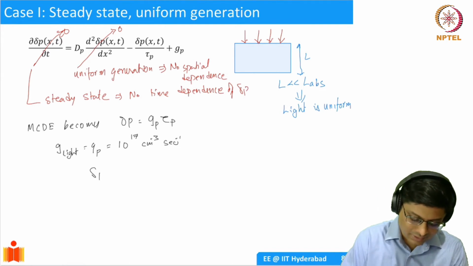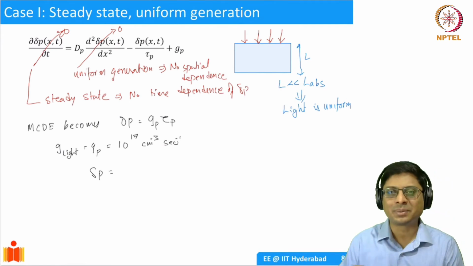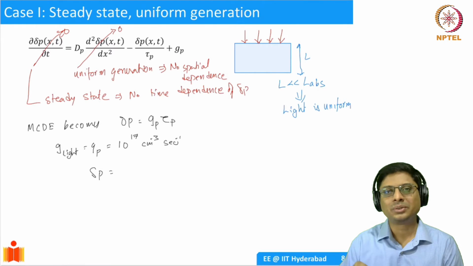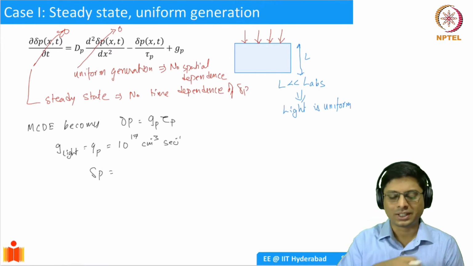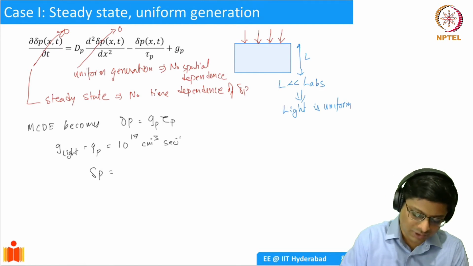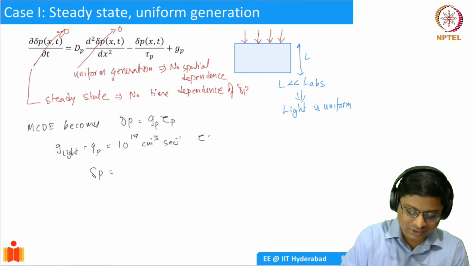Delta P is going to be what? You might think that it is 10 power 17, but no, there is a recombination process which is going to result in a steady state. So the amount of excess minority carrier density depends on tau too. Let's say tau is 10 power minus 6 seconds.